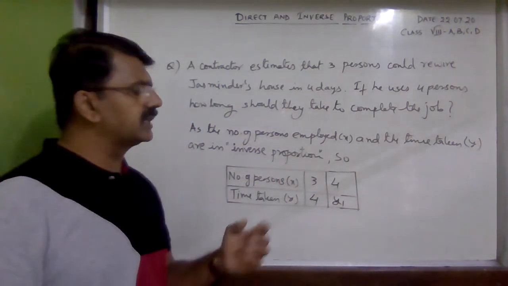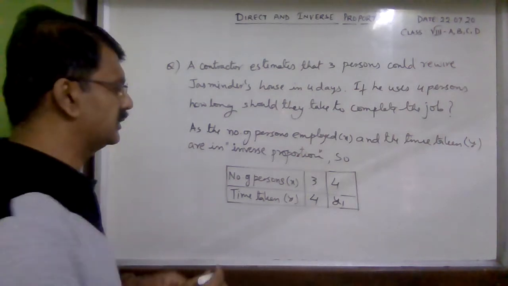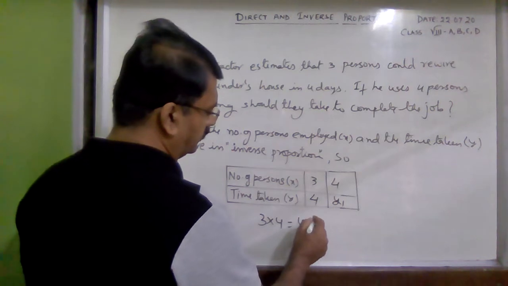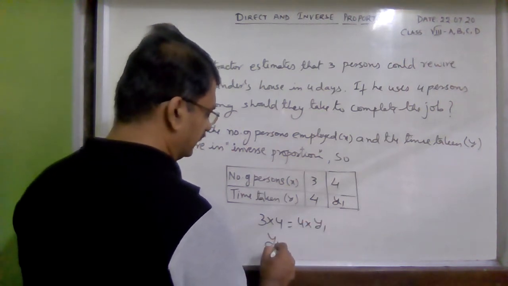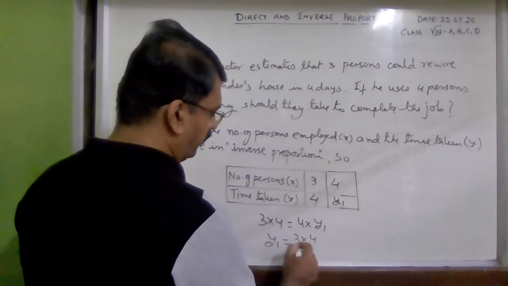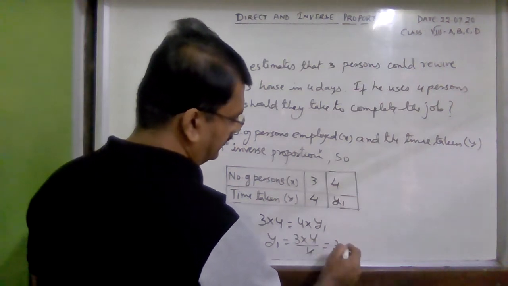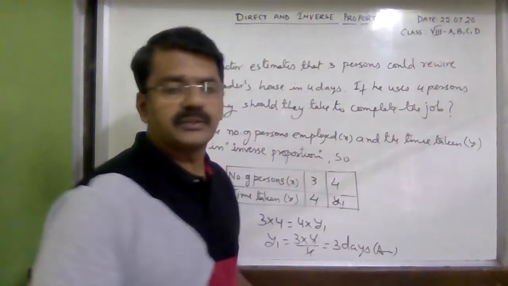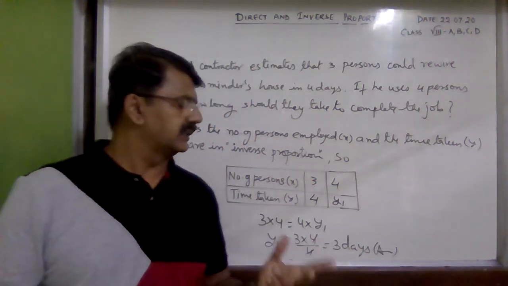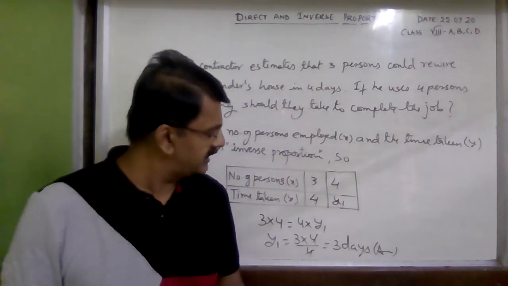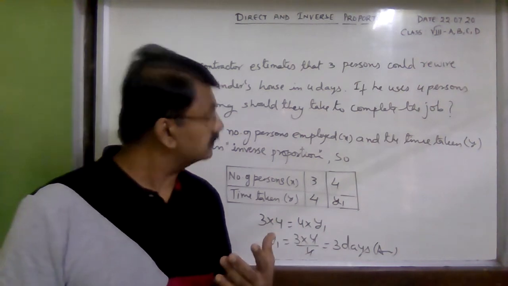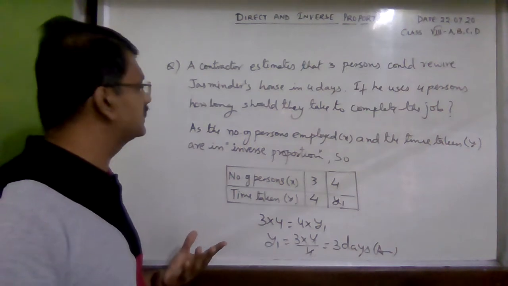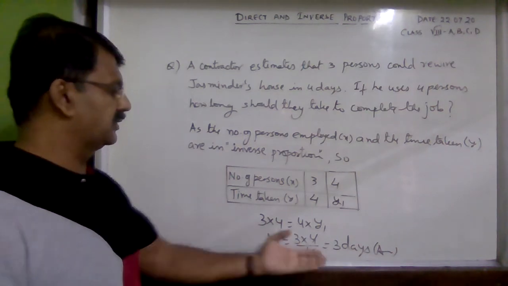I have already mentioned that these two quantities are in inverse proportion, so you will write 3 into 4 is equal to 4 into Y1. So Y1 is equal to 3 into 4 upon 4, that is 3 days. So you can see when 3 persons were employed, the work was finished in 4 days, and now when 4 persons are employed, the work is finished in 3 days.